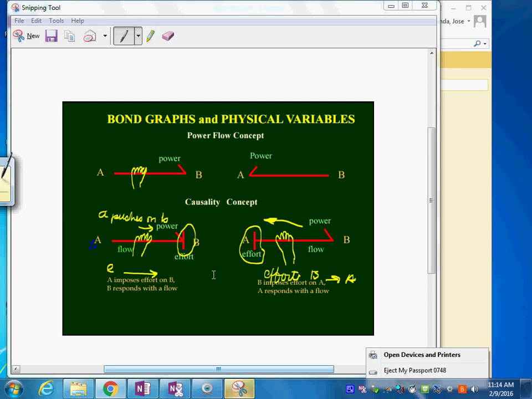That's what it means. So you could have one that is like this, but also you could have one that is like that. See?